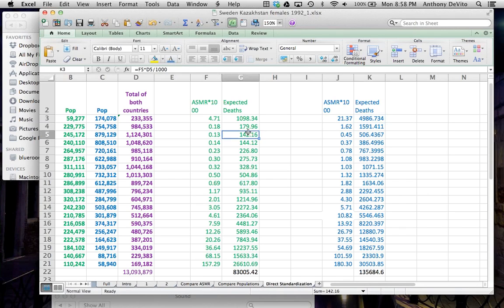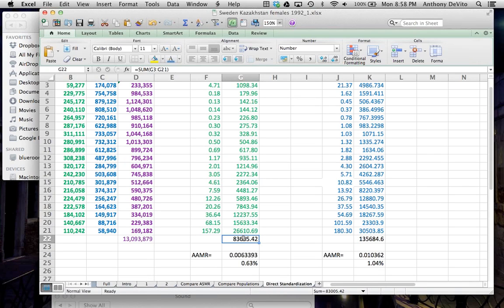So we calculate the expected number of deaths given the rates in each country using a single population, and now we get a total of 83,000 that we would expect to die in this common population. If we use the age-specific mortality rates for Sweden, 83,000 over the population of 13 million gives us an age-adjusted mortality rate of 0.006, or if I move that over three places, 6 per thousand, or 0.63%.